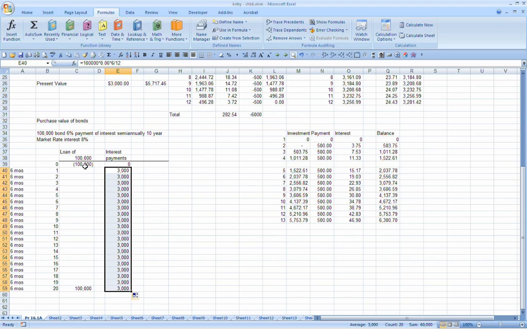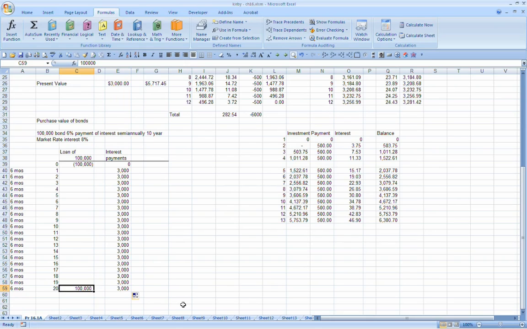So for my $100,000 out of pocket today, I get this whole stream of payments and one payment at the end. This looks like an annuity. This looks like a single payment. Okay.